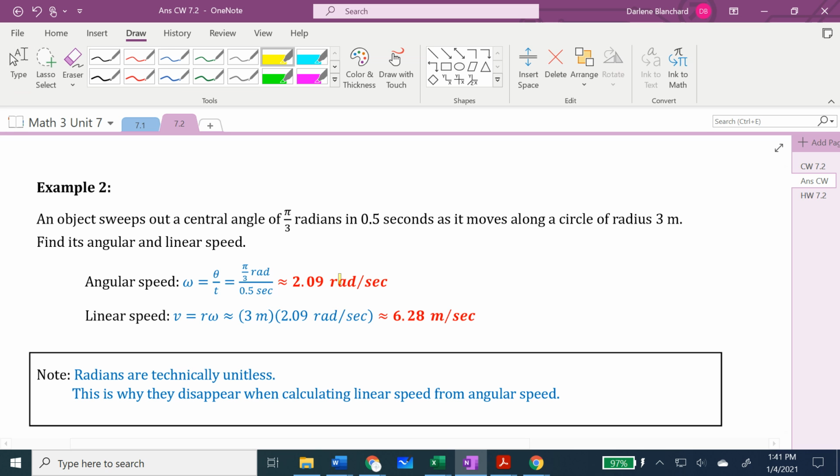I want you to notice that even though we say radians per second when talking about angular speed, we actually ignore that radian unit when we look at the units for linear speed. How would you put the equation into the calculator? You can do pi divided by 3, push enter, and then divided by 0.5.